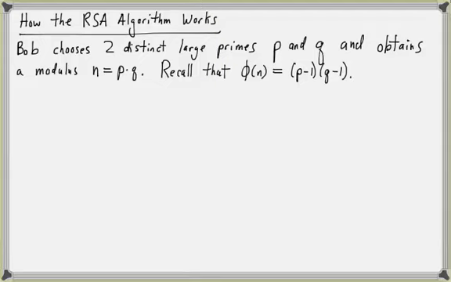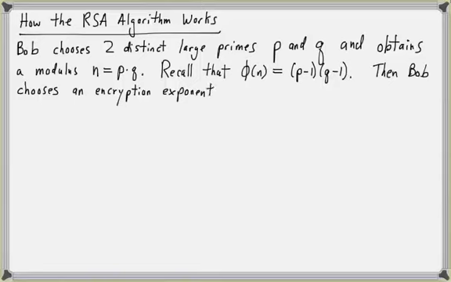And then Bob chooses an encryption exponent, which we're going to call E. And he chooses it in such a way that it's relatively prime to phi of N.